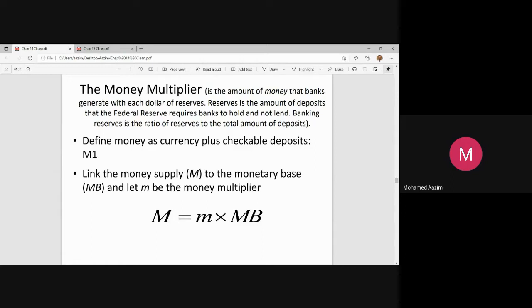So now you define M1 as the currency plus checkable deposits. Checkable deposits are deposits that you can withdraw at any time. Not fixed deposits. Fixed deposits have some conditions. You have to fulfill certain conditions in terms of withdrawing fixed deposits.